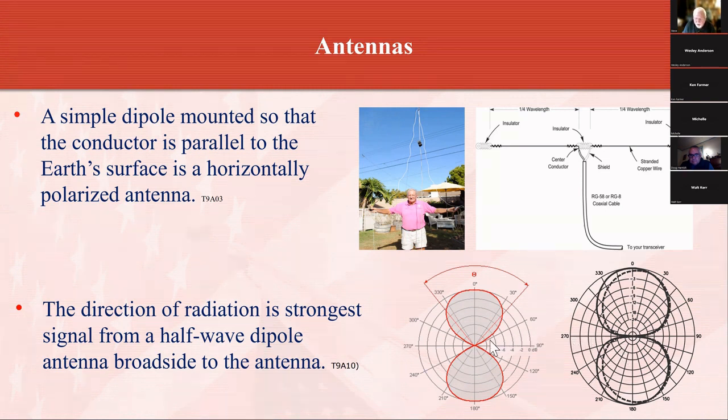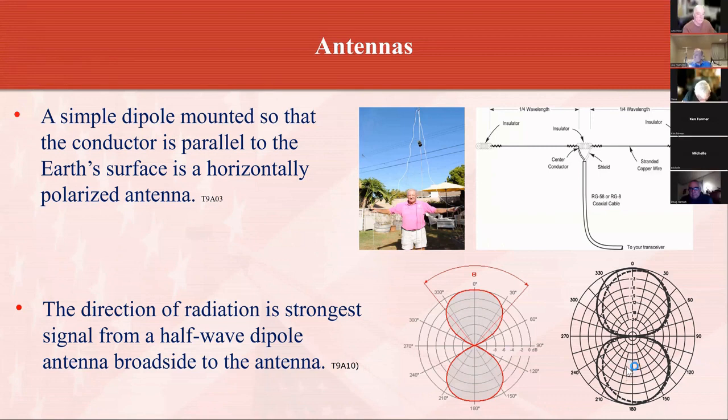And again, like I said, off the ends of the dipole, there's not much radiation, but broadside it is a maximum. So again, that's another question. Which direction has the strongest signal? And it's broadside to the antenna, to the dipole.